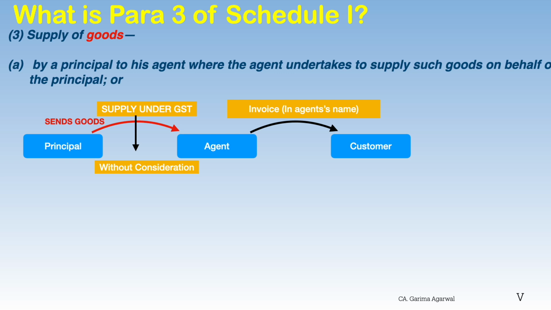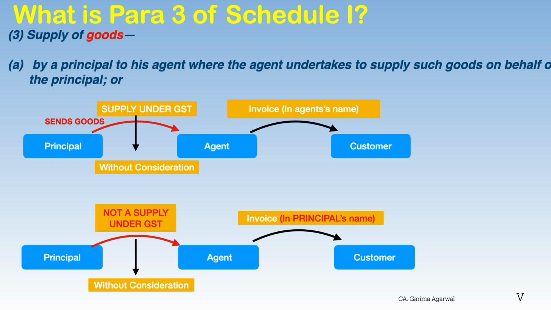However, if the agent was selling the goods to the customer in the principal's name and not in its own name, that is, in the invoice, the name of the seller will be the principal's name, then the transfer of goods between principal and agent without consideration will not be deemed a supply and no GST shall apply. Here, agent is merely a facilitator.